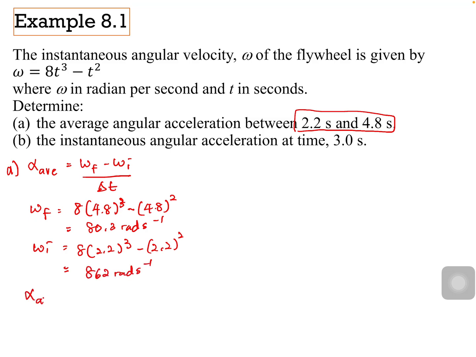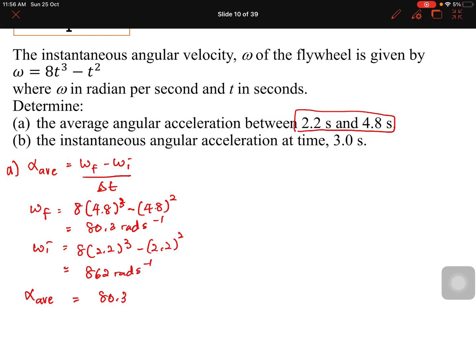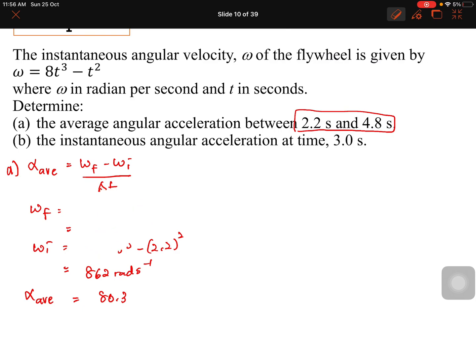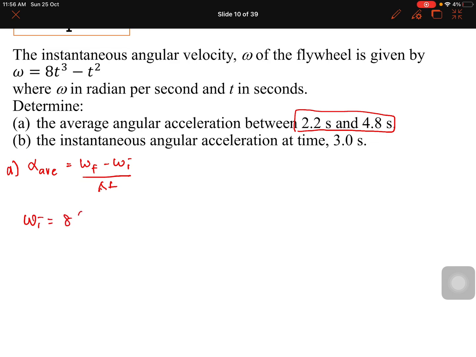Saya terbalik lah, maafkan saya. Okay, so omega initial dulu: 8 kali dengan 2.2 kuasa 3 minus 2.2 square, you get 80.3 radian per second.